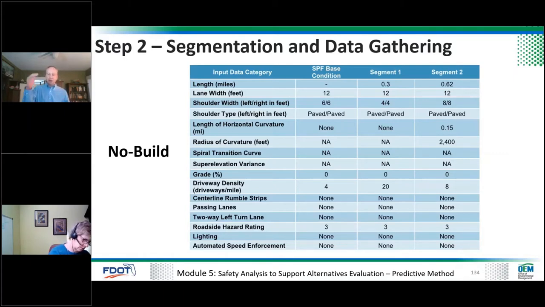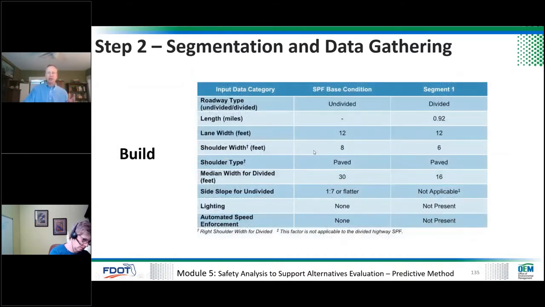So you enter all of this information in, and it's necessary to get the prediction. Then for the build, the build model requires fewer inputs in this particular case, but it has, again, lane width, shoulder type, the side slopes, and the various factors that are required for this type of highway are entered into the model.